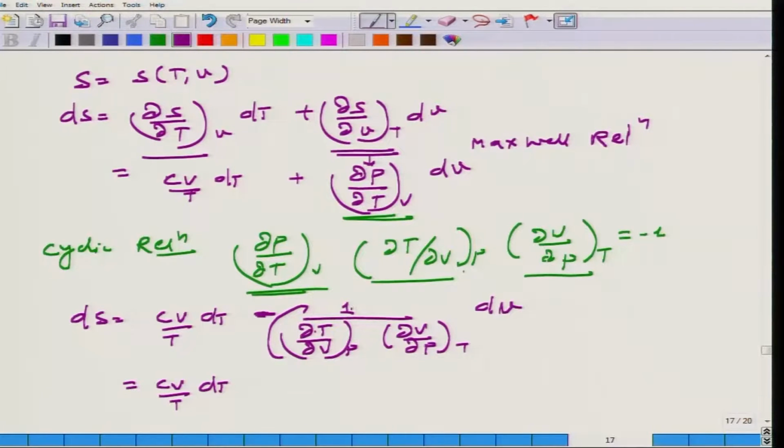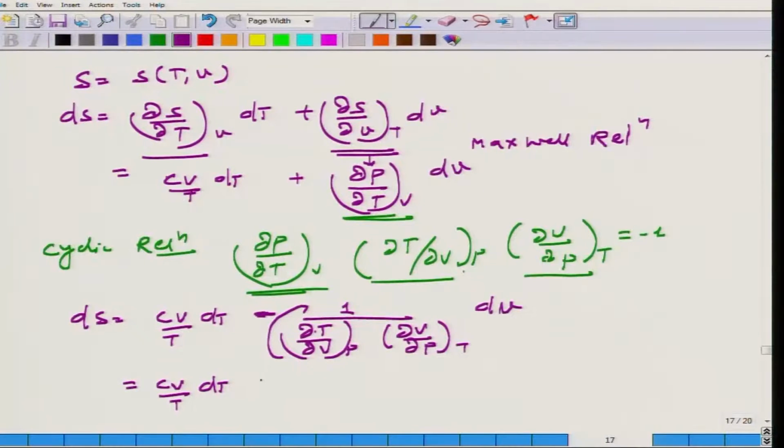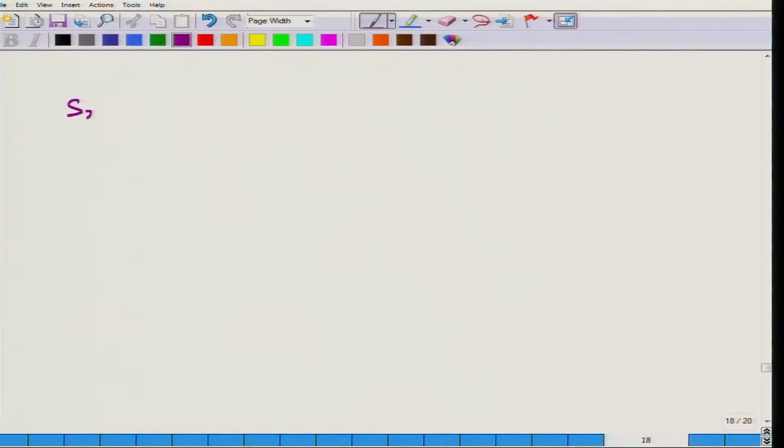If I take it in the numerator, I can represent this in terms of beta, and the denominator would be in terms of alpha. So this becomes nothing but CV/T dT plus beta/alpha dV. Thus you can get your S2 minus S1 as the integral from T1 to T2 of CV/T dT.